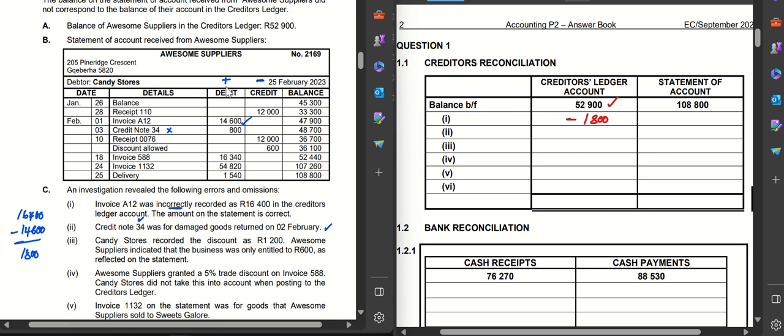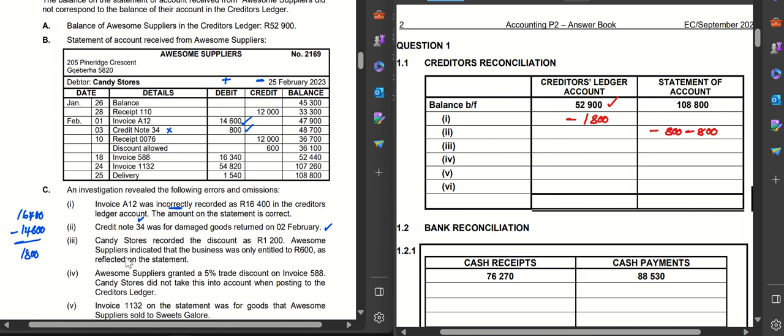However, they have recorded it on the debit side. The moment an amount is recorded on the wrong side, we correct it by putting it on the right side, but twice the amount. That means I'm going to come here and I'm going to say minus how much? 800, because remember it's 800 here. Minus 800, then minus 800. Someone would have just said minus 1,600. That is very, very correct.